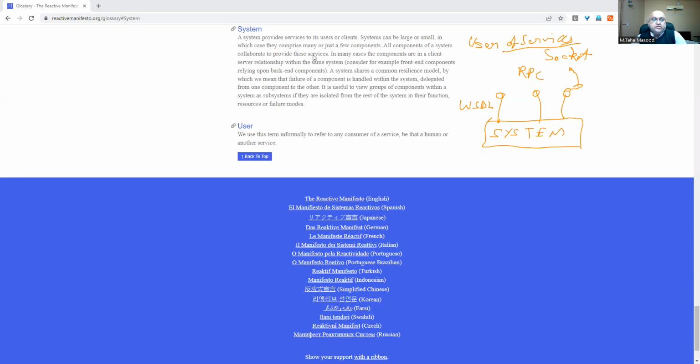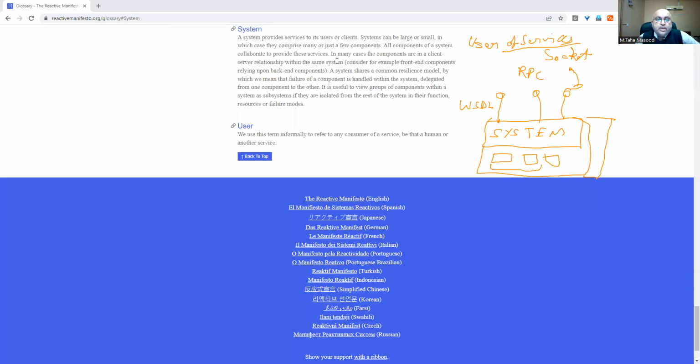So if we were to extend this, let's say this system, this box appears externally only in terms of the services it defines, but to provide those services, a system has internal components, right, which collaborate with each other as and when needed. Those are components.